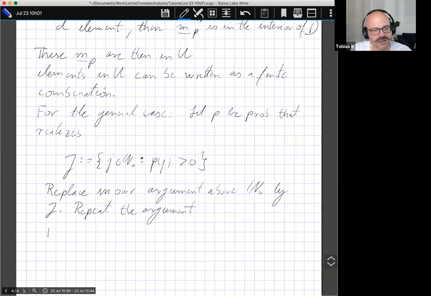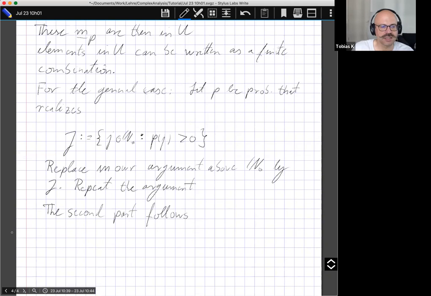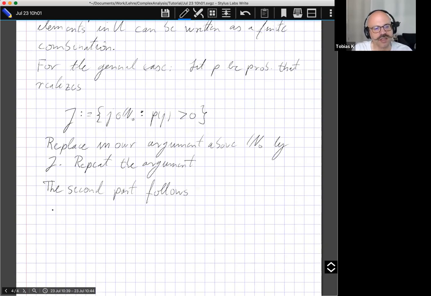So the second part follows from the following general theorem for convex sets. So this is essentially the dimension theorem from linear algebra, but for convex sets.